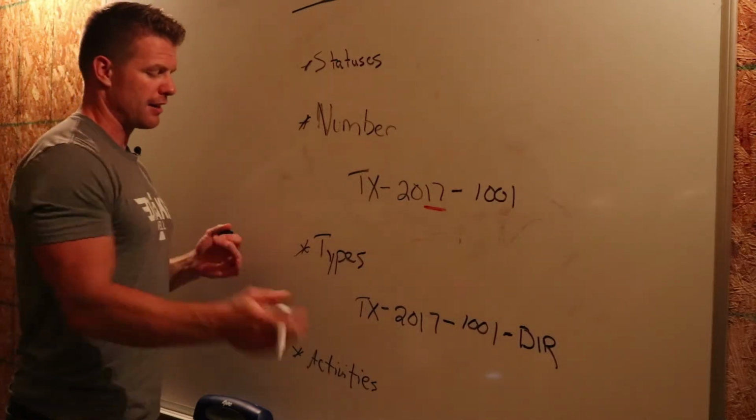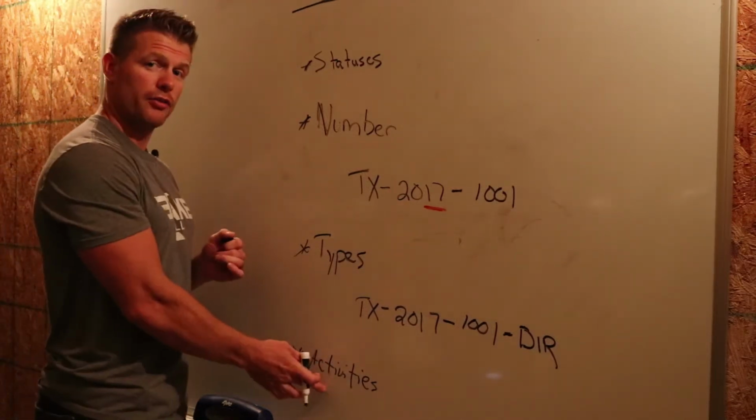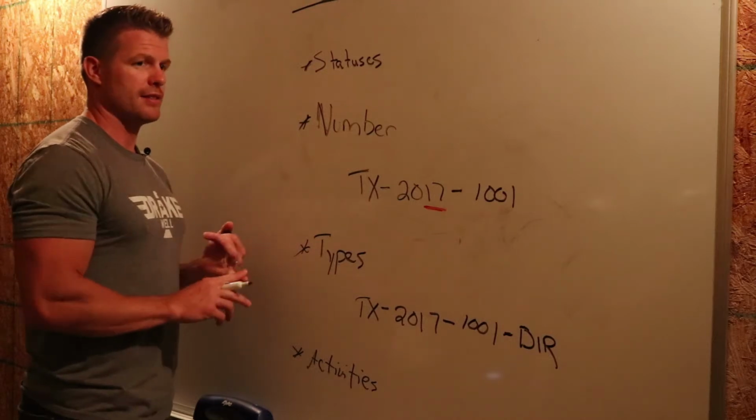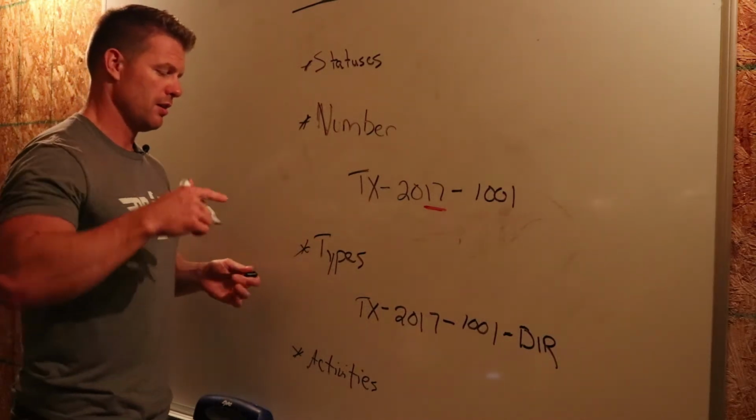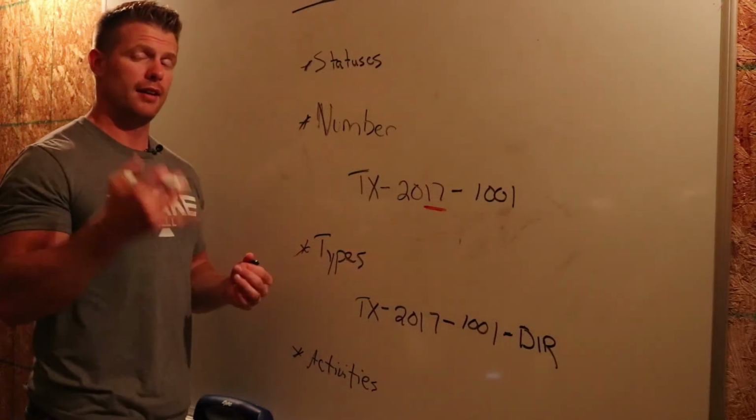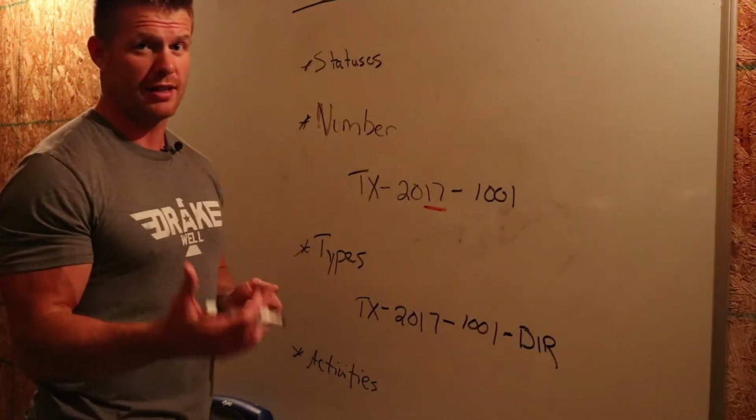So we could track or configure the code for the activity. We can basically say, okay, every time this activity occurs for a time span, let's take those hours and add them to the BHA as circulating hours. That's pretty cool.